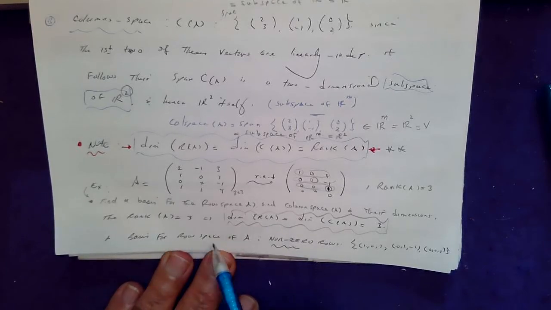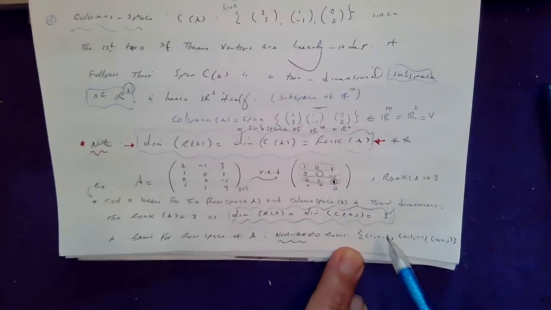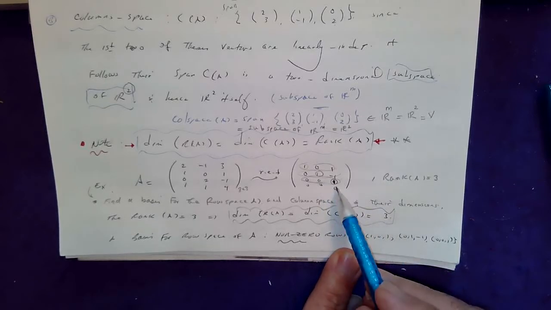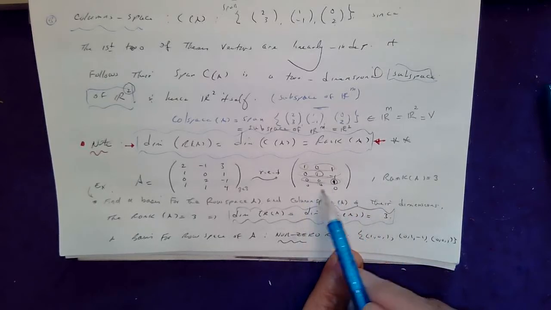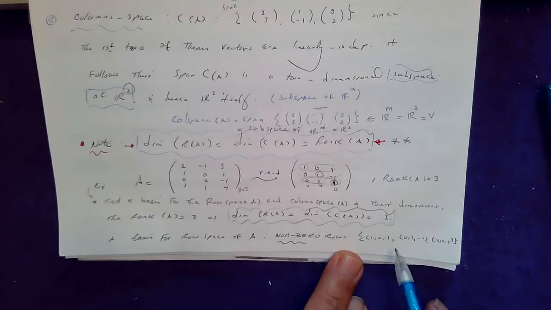So the basis for row space is the non-zero rows of the row echelon form of the matrix. In this case, it is what? 1, 0, 1; 0, 1, negative 1; 0, 0, 1, because the last one consists of all zeros, so it doesn't count. These are linearly independent, and by definition they span.